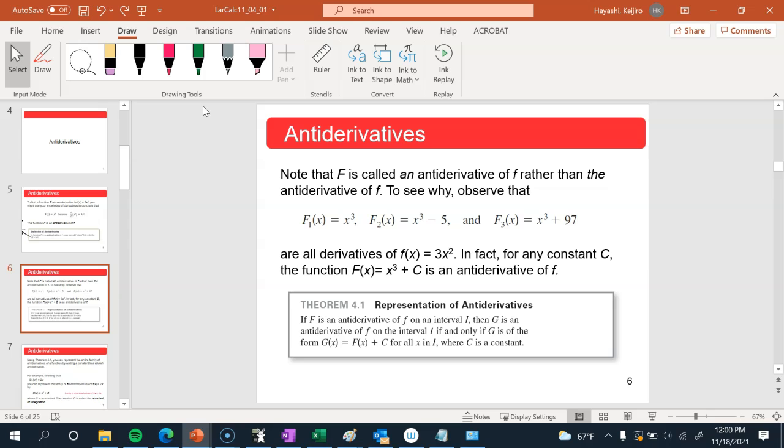Instead of doing all that, the simplest thing to do is just add a plus c to the end of whatever you get. That way, you get to represent the entire family of antiderivatives.